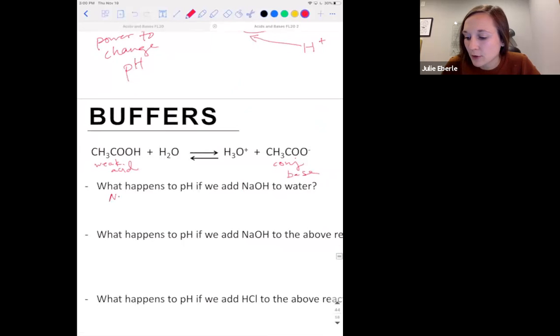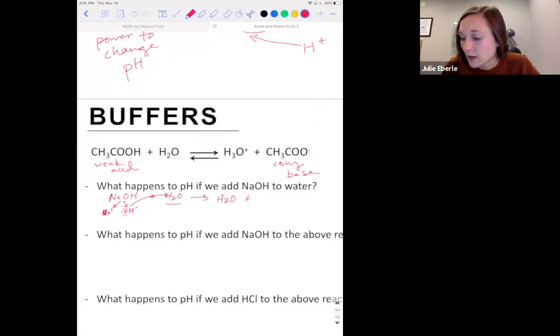If you want to draw out the chemical reaction, we know we have NaOH, which is going to dissociate into Na plus and OH minus. And it's the base here, OH minus, that is going to, these lone pairs on this oxygen are going to grab a hydrogen off water. This looks really redundant, but it's going to make H2O when it does that.